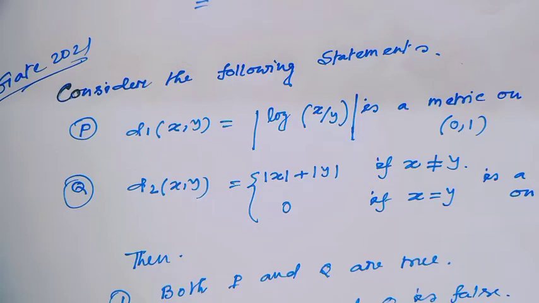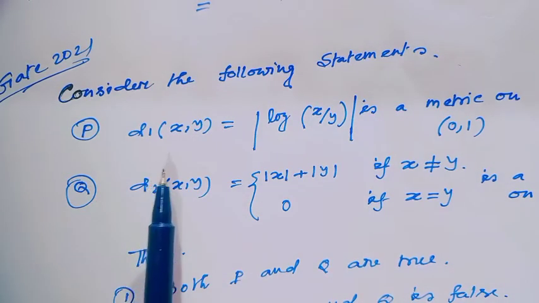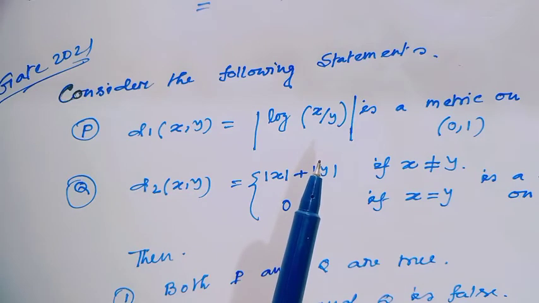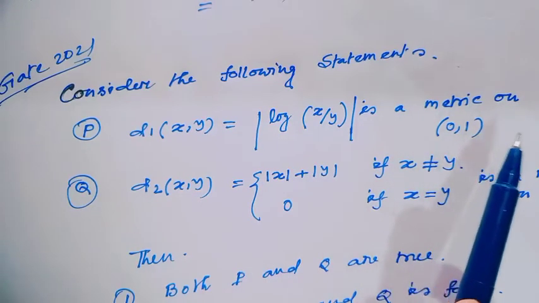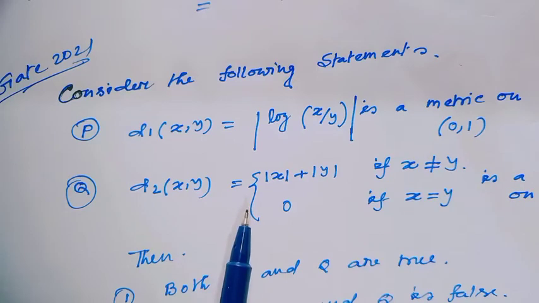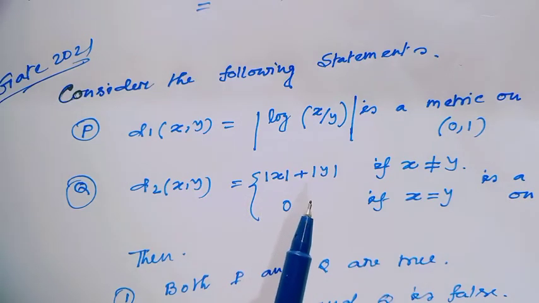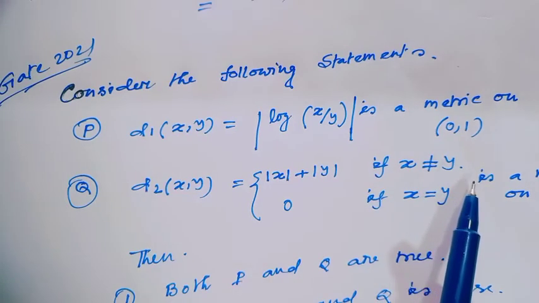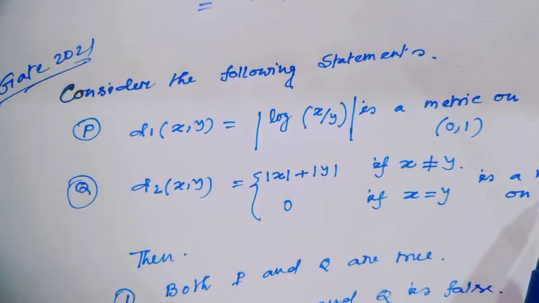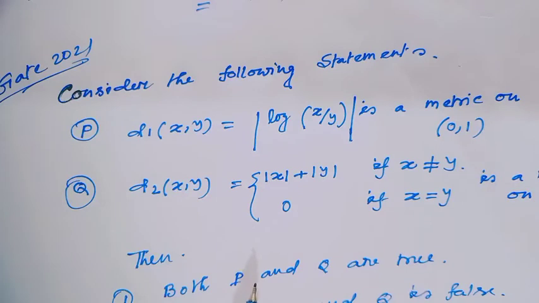The question is, consider the following statements. P: d1 of xy equal to log of x over y is a metric on the open interval (0, 1), and Q: d2 of xy equal to absolute value of x plus absolute value of y if x not equal to y, and 0 if x equal to y, is also a metric on (0, 1). Actually we have to verify whether these are metrics or not.